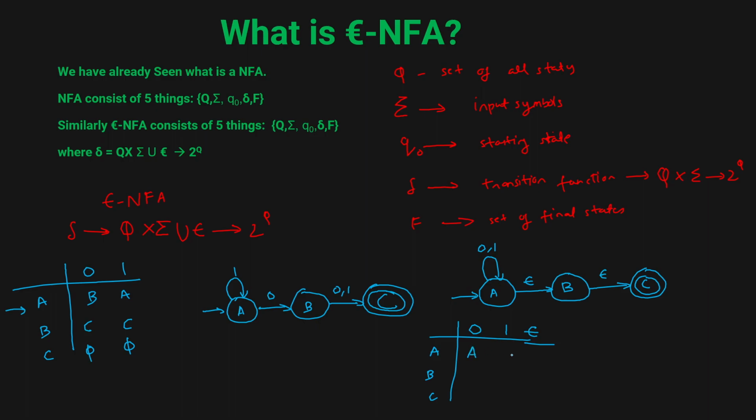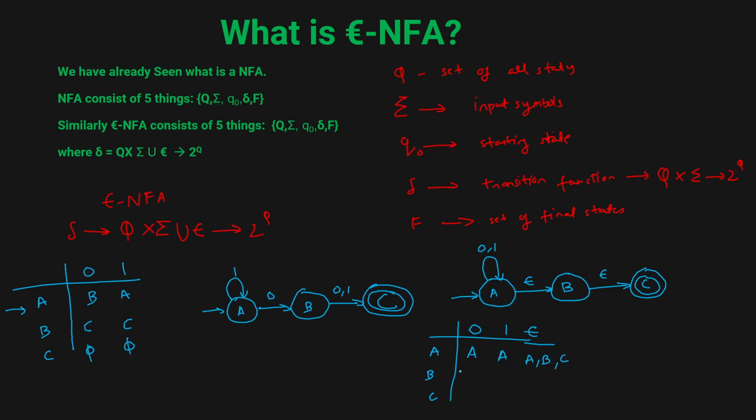If you get no input, epsilon, you go to state B, and you also remain in state A. Remember, when you get no input, you can still remain in state A. And from B, when you get no input, you can also reach state C, correct? So from state A, by getting no input, you can go to state A itself, to state B also, and state C also. So A, comma B, comma C.